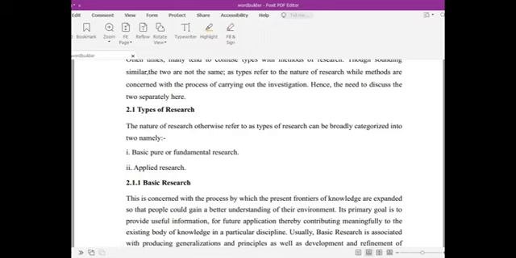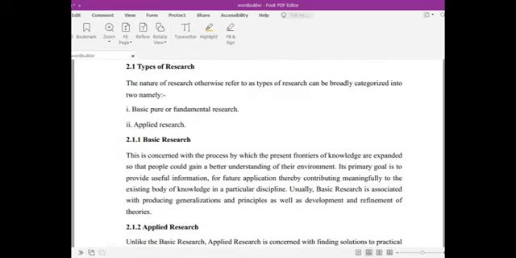This is concerned with the process by which the present frontiers of knowledge are expanded, so that people could gain a better understanding of the environment. Its primary goal is to provide useful information for future application, thereby contributing meaningfully to the existing body of knowledge in a particular discipline.